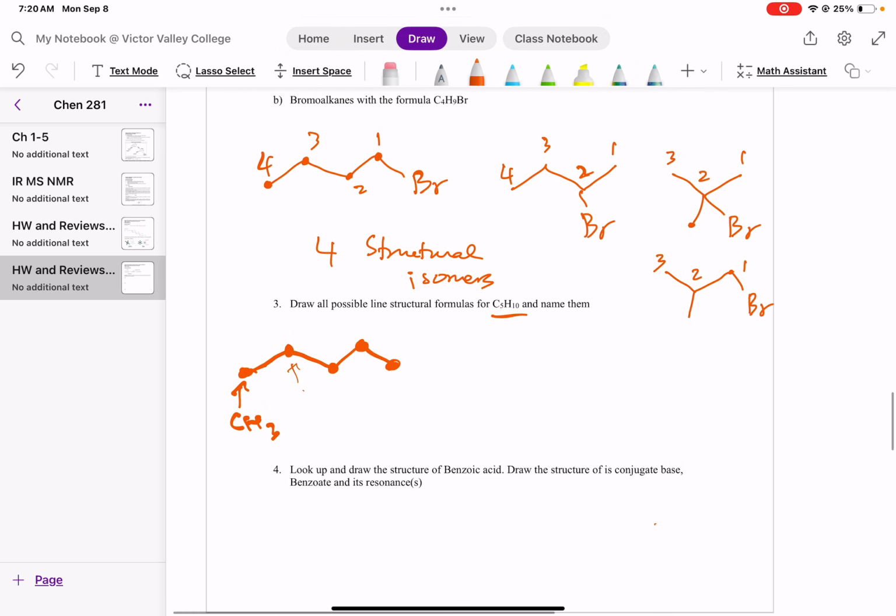That's a CH2. That's a CH2. CH2, and that's a CH3. Okay, that should be too many. That'd be like 3 plus 2 plus 3, plus CH2 plus 3.